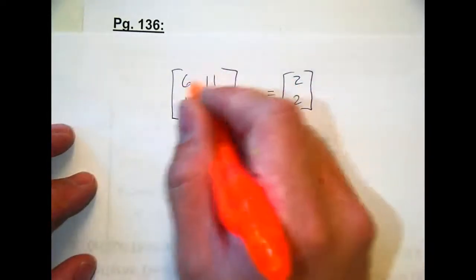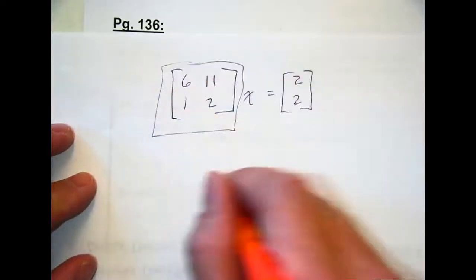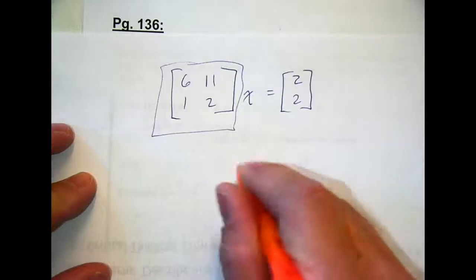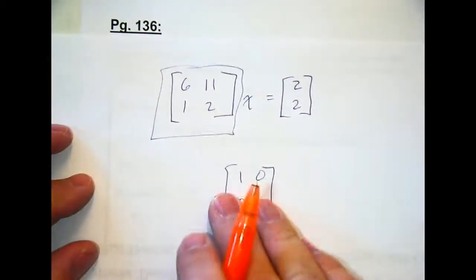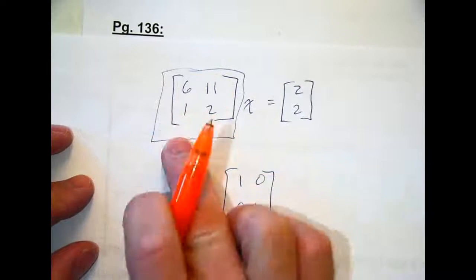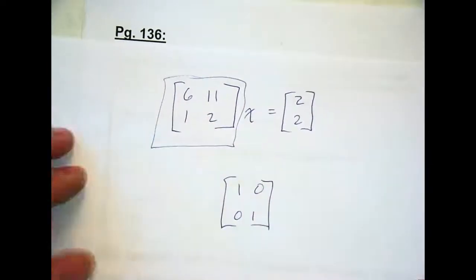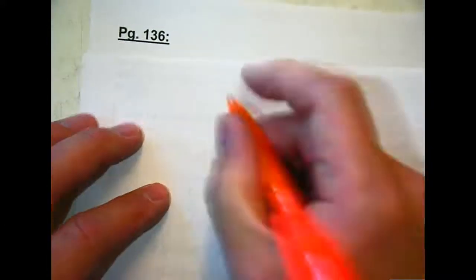So the inverse is going to be whatever you can multiply this matrix by to get the matrix 1, 0, 0, 1. Okay, that's what we're going to try to get. So when you multiply a matrix by its inverse, you get the identity. If you're trying to figure out how all those things go together, think of it this way.